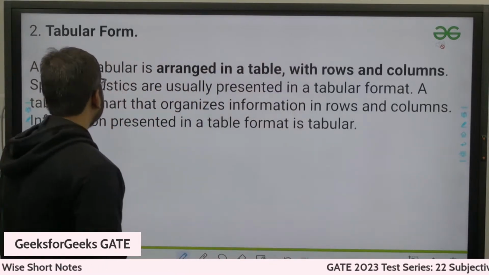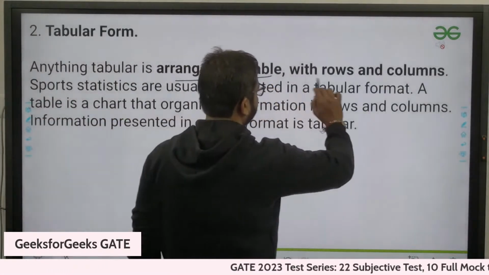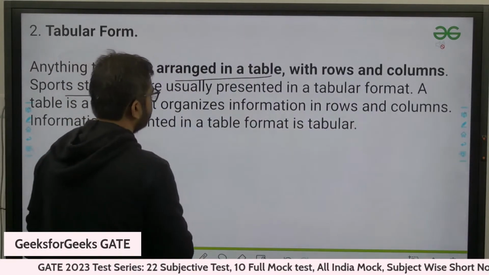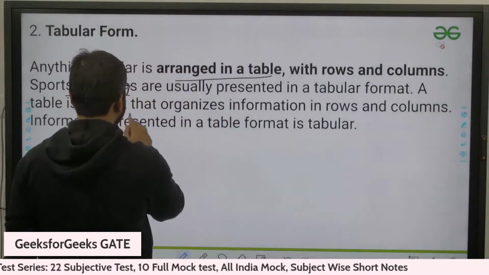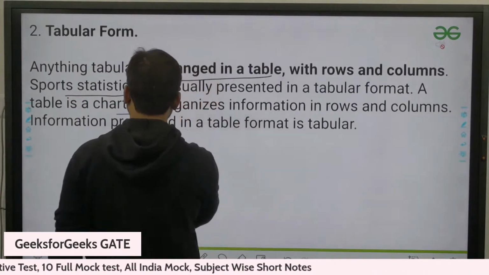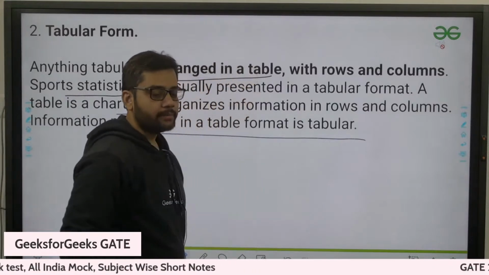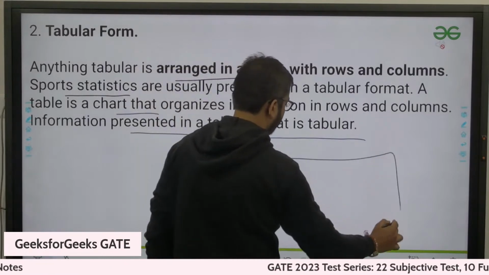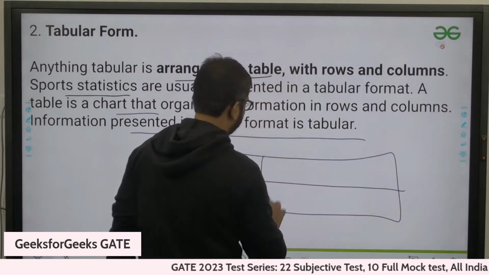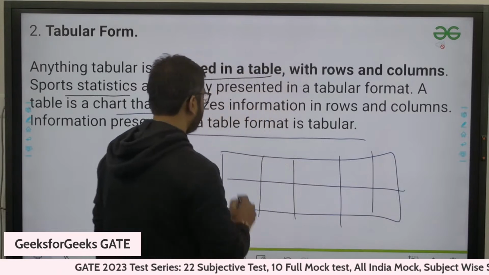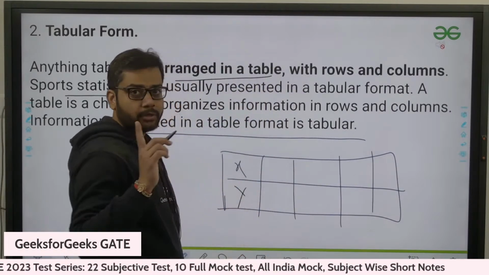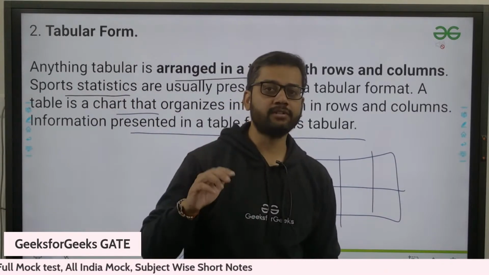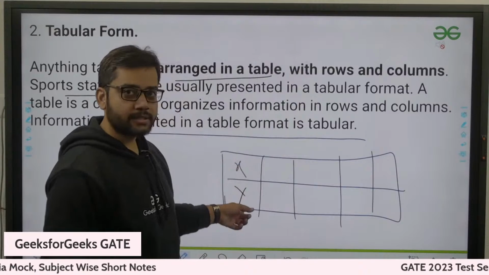Tabular form is data arranged in a table with rows and columns. Sports statistics are usually presented in tabular form. Tables organize the information in rows and columns. Tabular is basically like the first information I have written like this. This is our tabular data. I hope you all remember that in class 9th and 10th we solved linear equations in two variables, where we write the data as x and y.